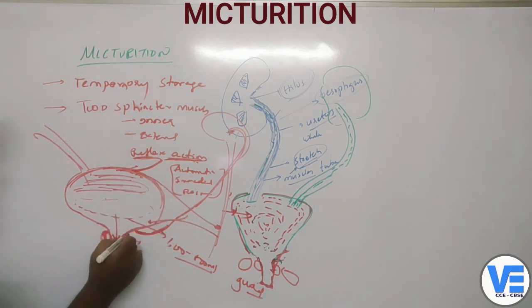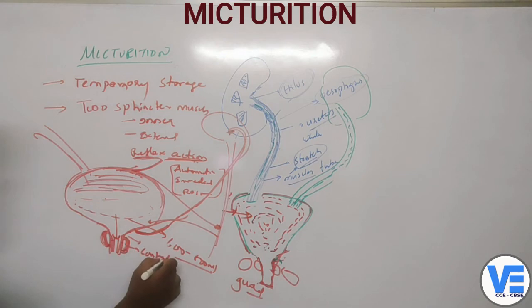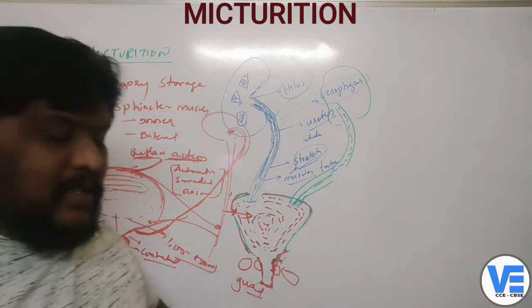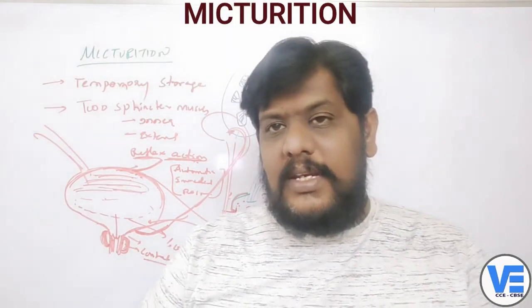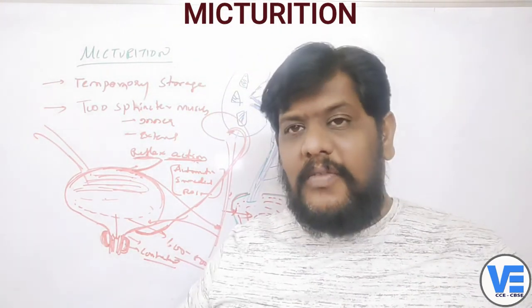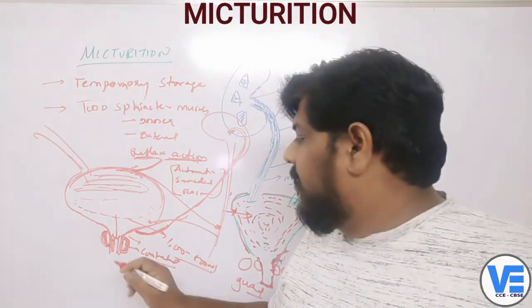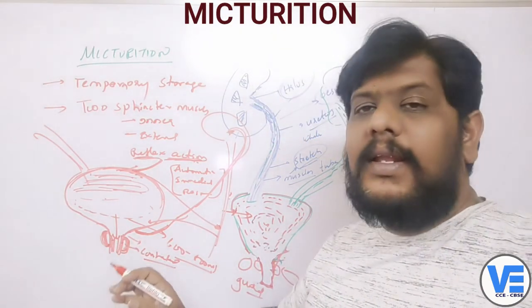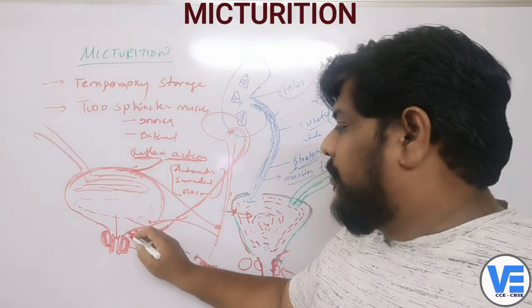Otherwise, the sphincters will contract once again and will not release. If the condition is really severe, and we have the urge and also a facility for urinating, then both muscles will relax and you can pass the urine.